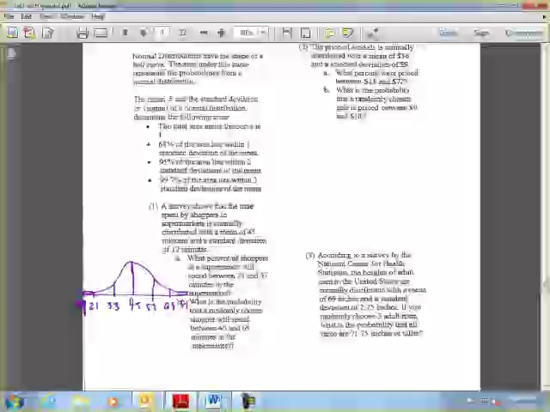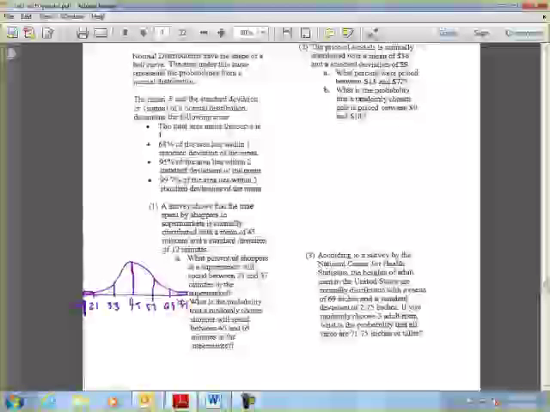That 9 is kind of hard to see as it's falling off the paper, but that's a 9 past the 21. So when you have a question, you're going to want to start by drawing out your curve with your standard deviation values there away from the mean.